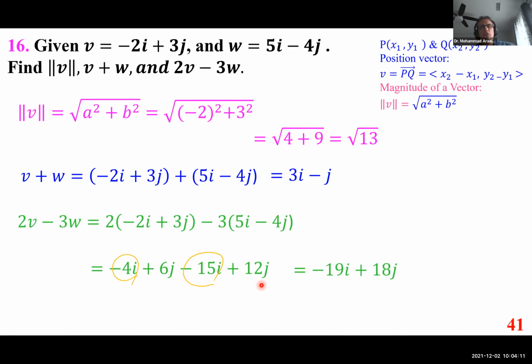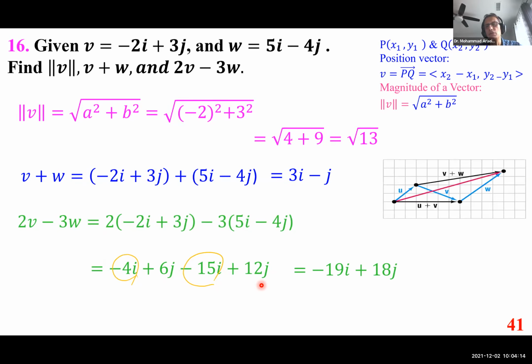And that's it. Also, I wanted to show you the graph just to remind you, if you're adding u and v, the methodology is that the terminal point of u and the initial point of v get together, and the resultant u plus v would go from the initial point of u, or the initial point of the first, all the way to the terminal point of the last one, which is v.